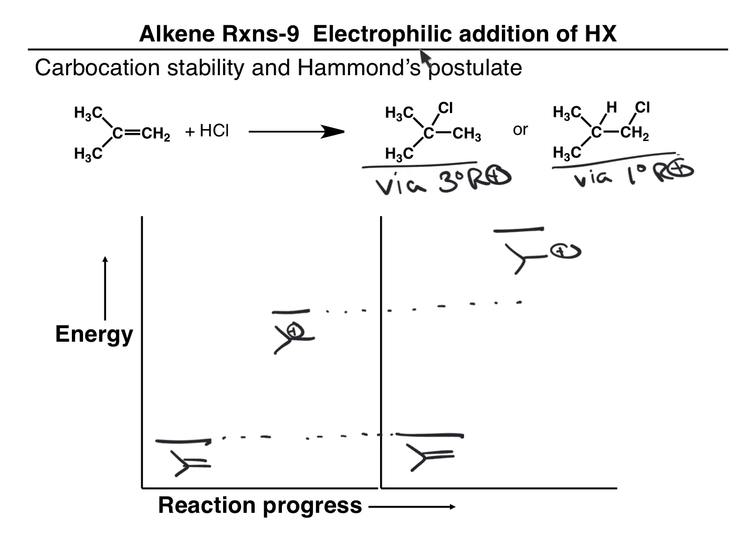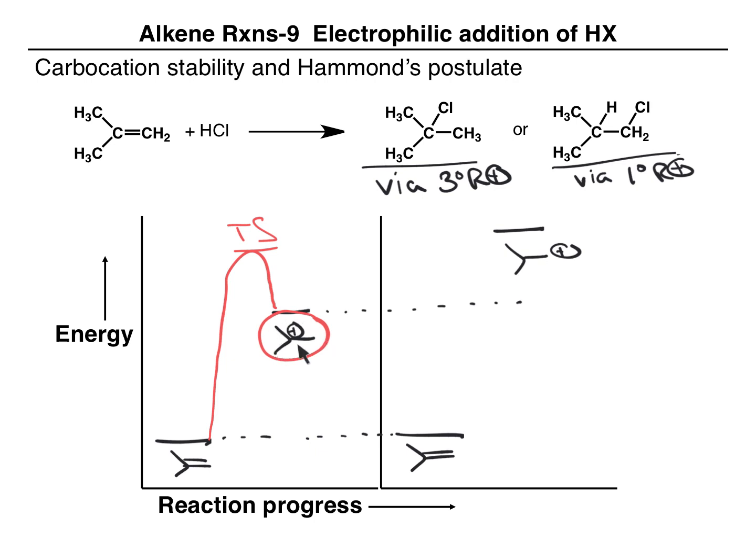Now remember, Hammond's postulate tells us that if you have two states that are similar in energy, they will be similar in structure. So if we were to fill out this reaction progress, up here we have our transition state. The transition state is more similar in energy to the carbocation than it is to the starting material.